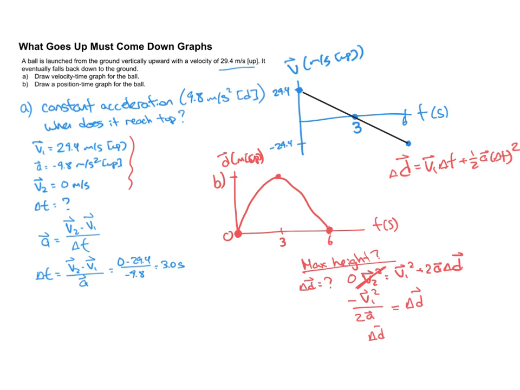And putting in the values. Okay, let's go to the calculator, even though I've had issues with it. 29.4 squared divided by 19.6 gives me 44.1.